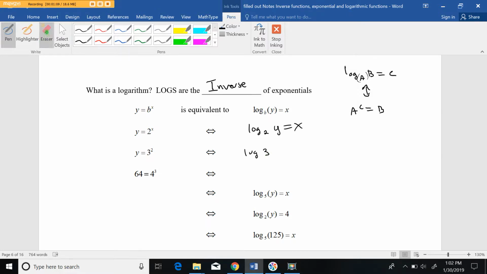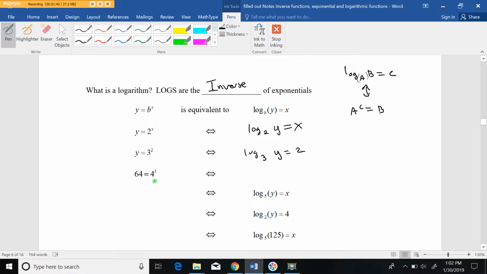You write it smaller here for the base, like a little subscript. Oops, I got those backwards. Log base 3 of y equals 2. There we go. 3 squared equals y. Yep.